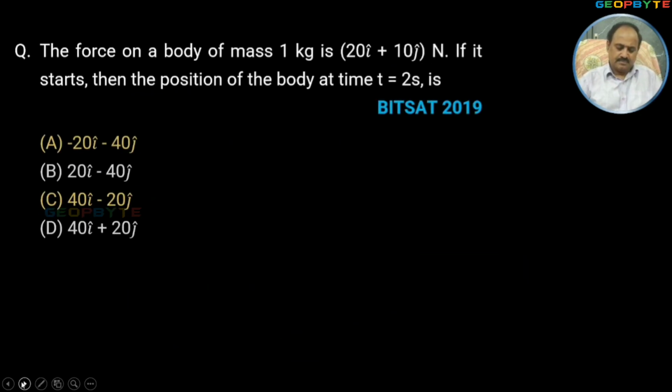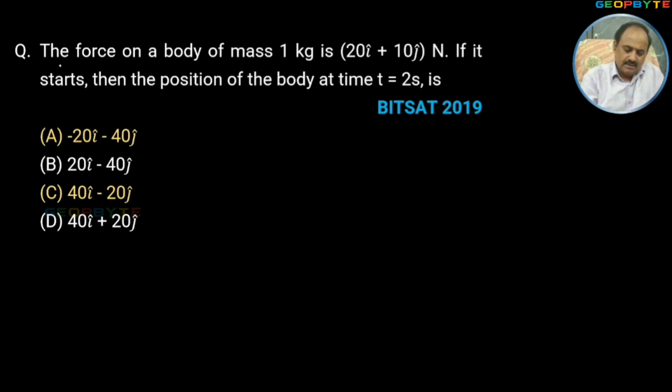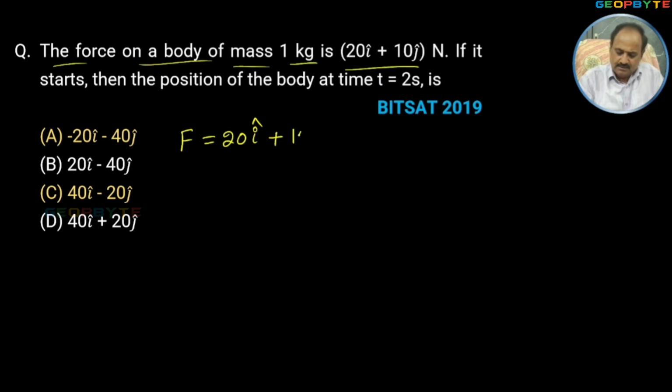Look at this problem asking like this. The force on a body of mass 1 kg is given by F equal to 20 i cap plus 10 j cap. That is the force. Of course, mass is given 1 kilogram.